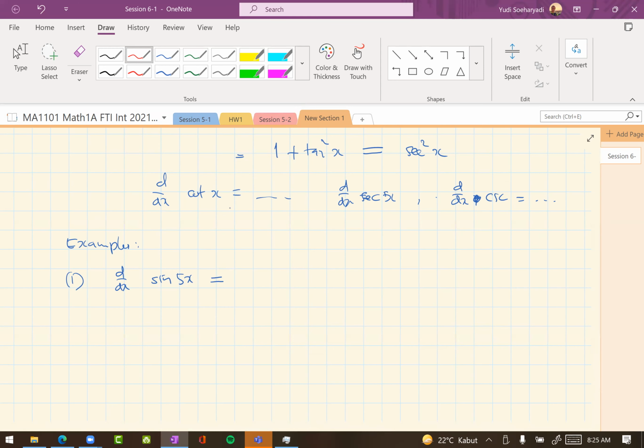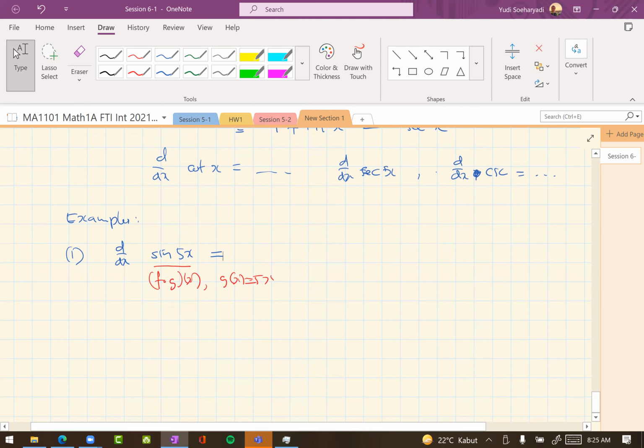Right, so let's write this with g being 5x and f being the sine. Okay, so the outside is just f.